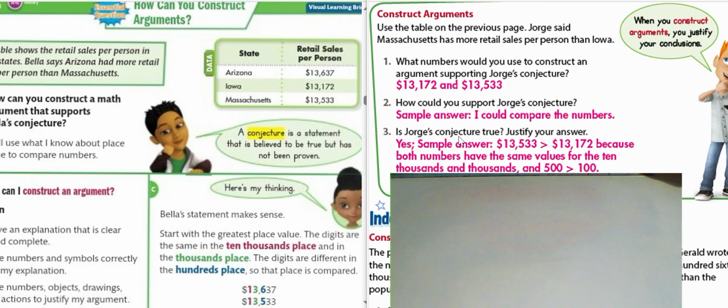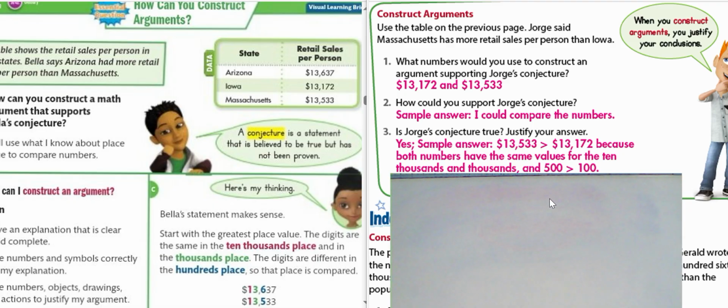Is Jody's conjecture true? Justify your answer. Yes, she is true because the number 13,533 is greater than 13,172. She compared between two numbers here. Both numbers have the same value for the ten thousands. So we have here 500 and here 100.